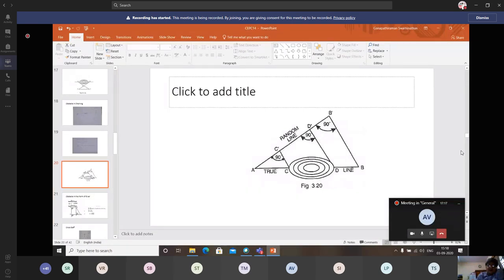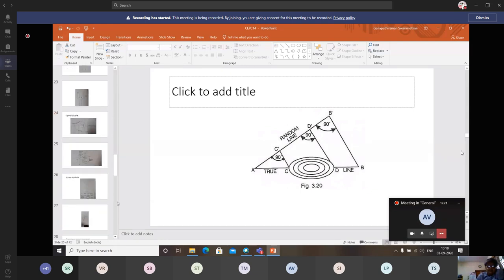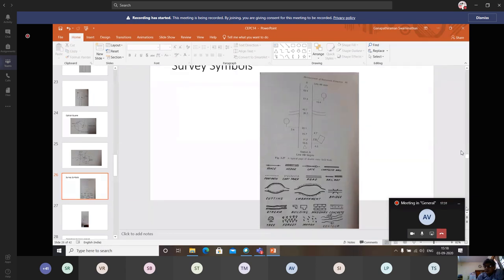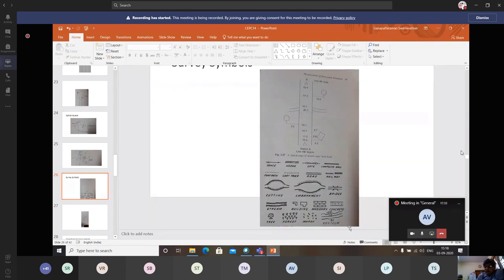So that is a contour. Now we come back. So that's where you have this contour. You have got the contours. Okay, right. This is the way we do it. Okay, we go to the next one.